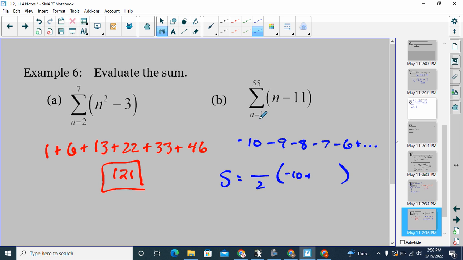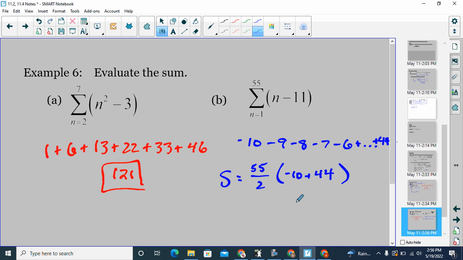If I plug in all the values from 1 to 55, I think we can agree we have 55 terms. The last value I would get, remember I'm plugging in all the numbers from 1 to 55, so the last number I plug in is 55, which gives me 44. The last number I would have on my list here is 44.